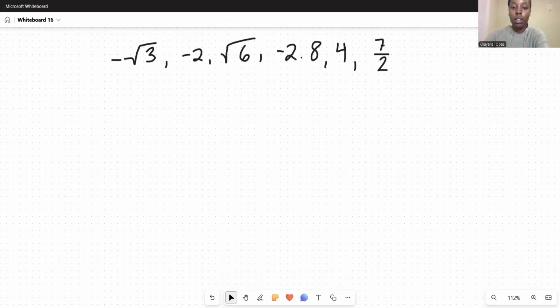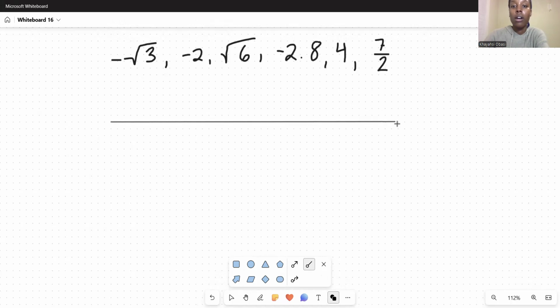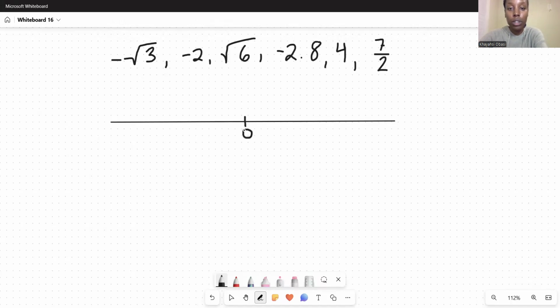Okay, so I have a line. Then I want to separate it between negatives and positives using 0. I know the positives are on the right-hand side and the negatives are on the left-hand side.